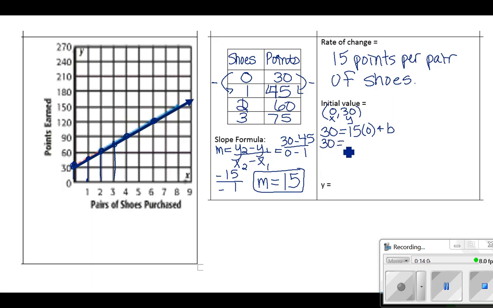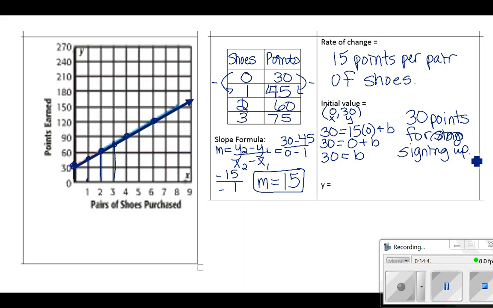So 30 equals 0 plus b. And so we know that the b is going to be 30. And what does that 30 mean? Well, that's the 30 points that we get just for signing up for the program. So 30 points for signing up.